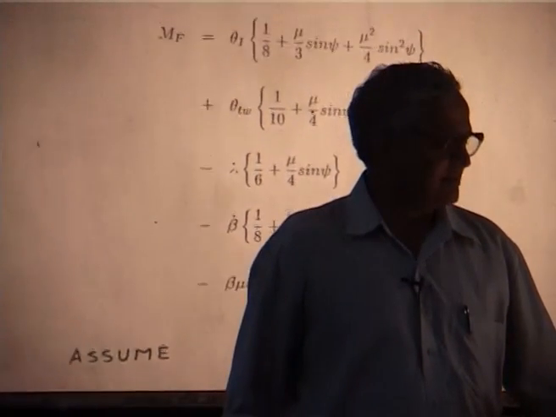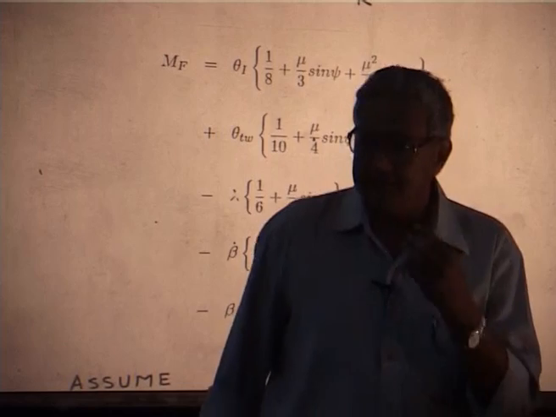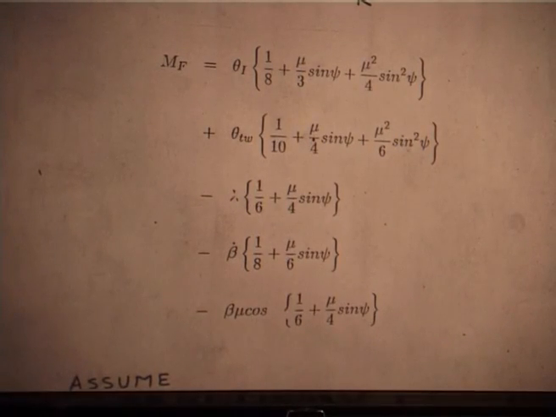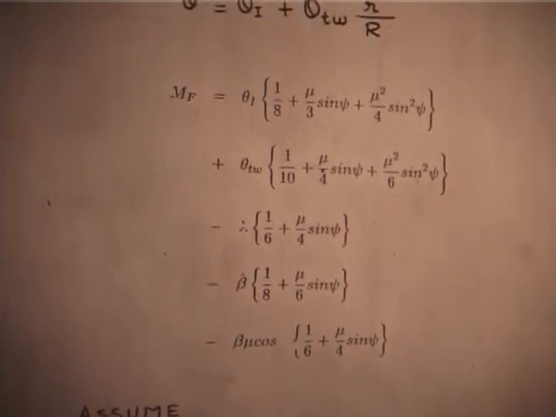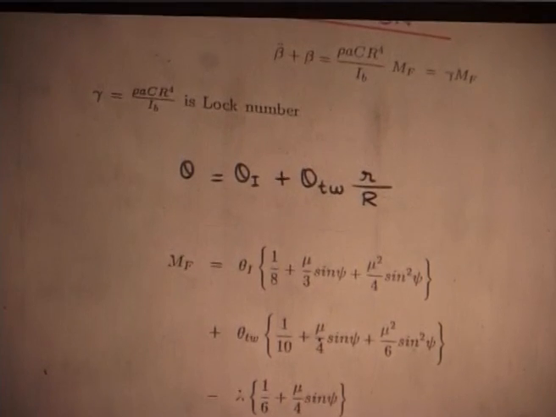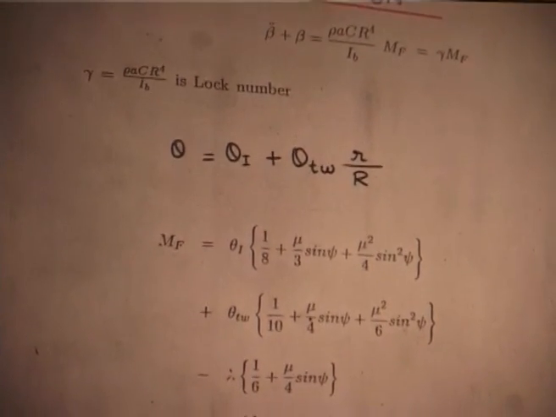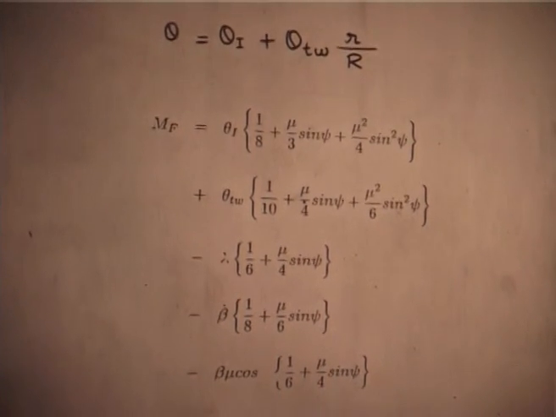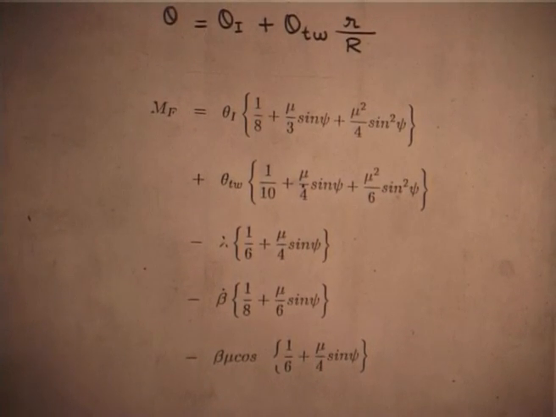One is you say, okay, I will go and do a numerical integration. That is the easy way, but you can write a closed form solution for this simple problem. Closed form means you can get a closed expression. And that is what I have done.